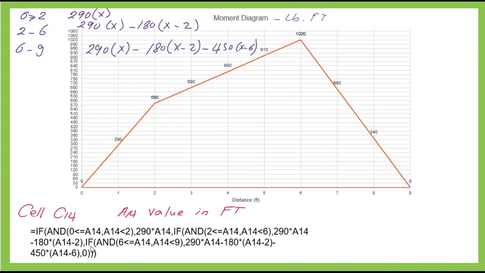We close the bracket and then we write comma, if and then A14 bigger than or equal to 6, comma A14 less than or equal to 9, comma 290 again by A14 minus 180 multiplied by A14 minus 2. Then we add minus 450 by A14 minus 6. A14 here again represents the x value, comma 0, and then we have 3 brackets.